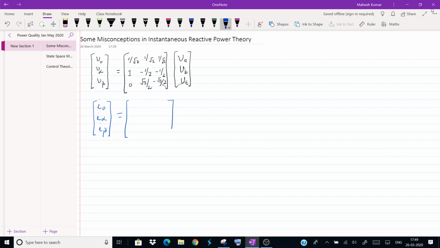This matrix won't change. The nature remains the same. So this is 1 by root 2, 1 by root 2 and 1 by root 2. This is 1, minus half, and 0, root 3 by 2 and minus root 3 by 2. This is here IA, IB and IC. So this is voltage and this is the current.